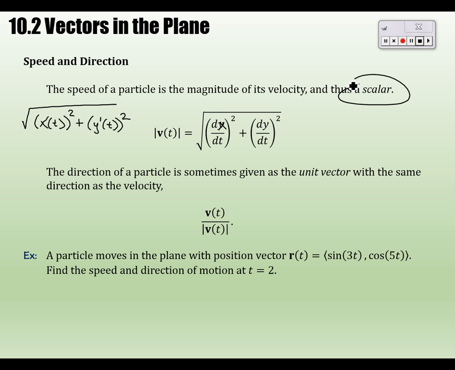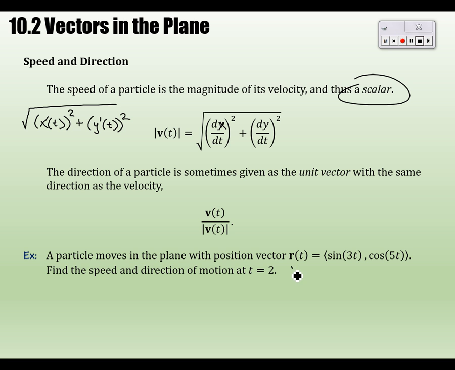All right, this is the exact same example, so let's find the speed and direction of motion at t equals 2. We could do it in general, but let's say what it is at 2. You have it written down nearby, right? We plug in 2 to our functions.